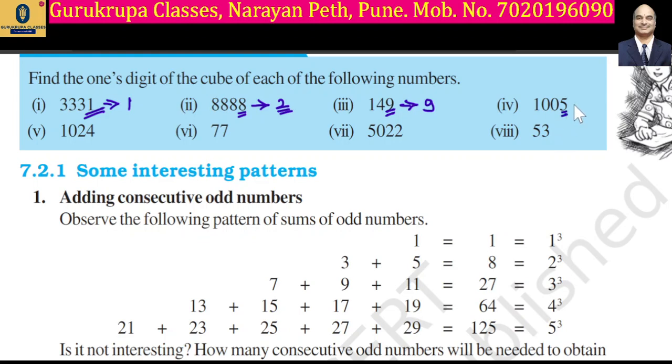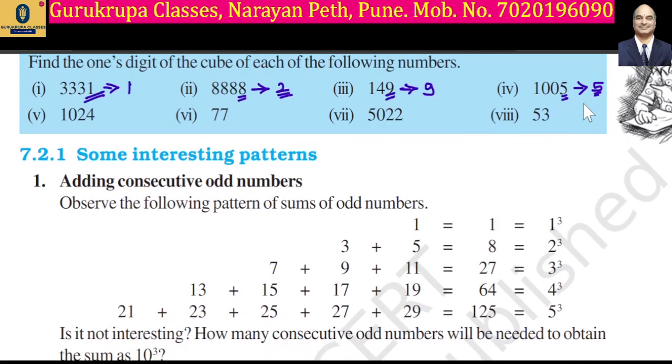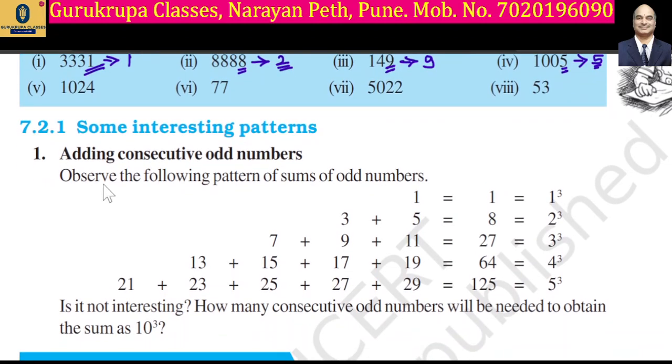Now 5's cube is 125. So 5 is the unit place of the cube of 1005. 1024, if you make the cube of 1024, you may get that. Now the cube of 4, 4 fours are 16, 16 fours are 64.